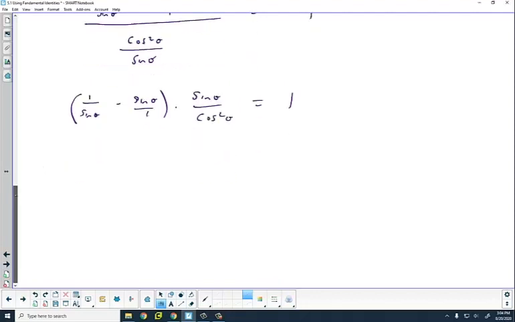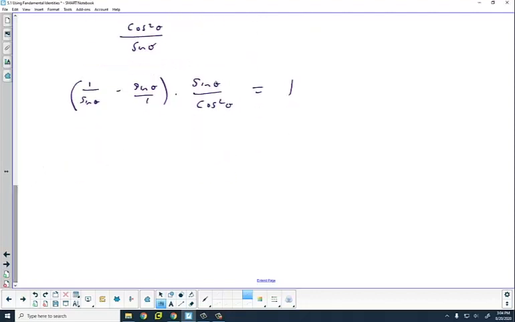All right. So let's go ahead and multiply this in. I'm going to multiply it into the first one. We have sine times 1 over sine cosine squared minus sine squared, because sine times sine, over cosine squared equals 1. Oh, look what cancels.